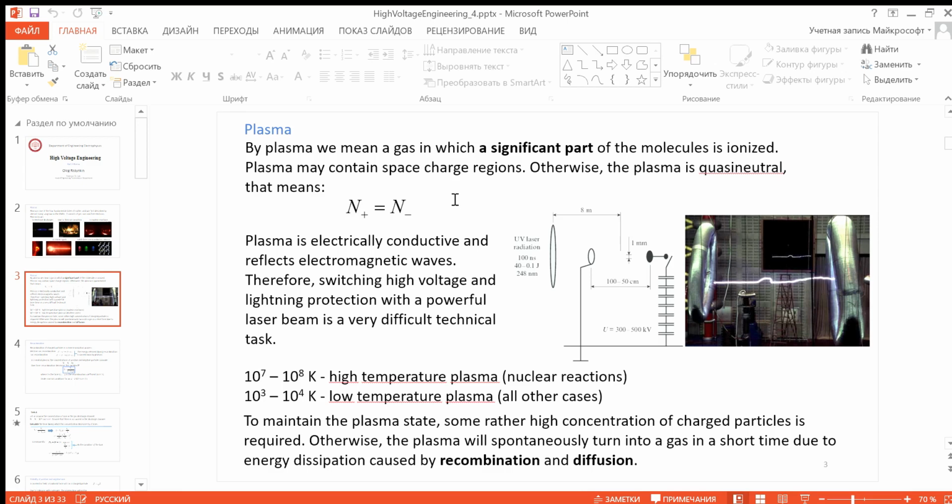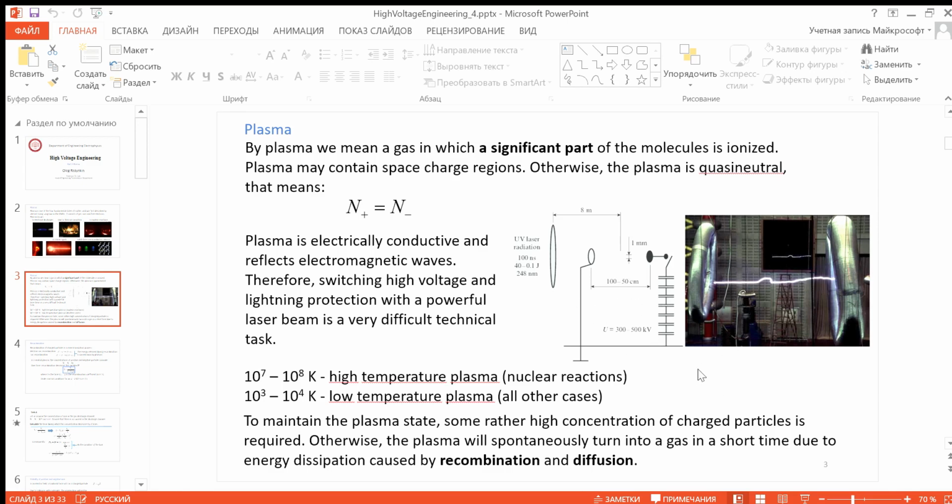Therefore, switching high voltage and lightning protection with powerful laser beams is a very difficult technical task. The photo shows the switching of a pair of electrodes located at a distance of 8 meters from each other, with a voltage of about half a million volts, by a powerful laser beam.